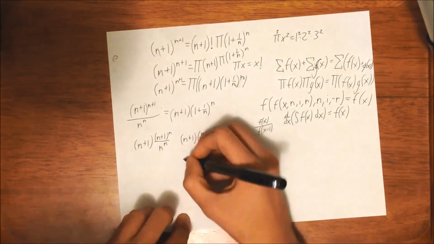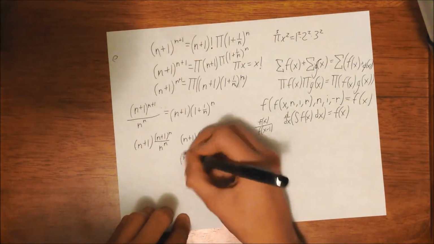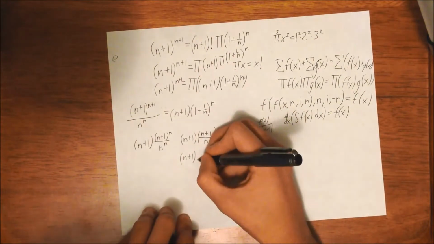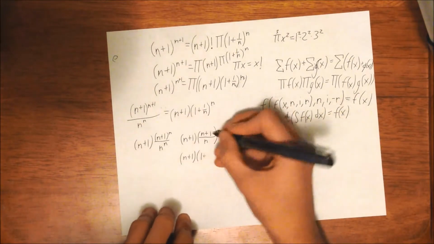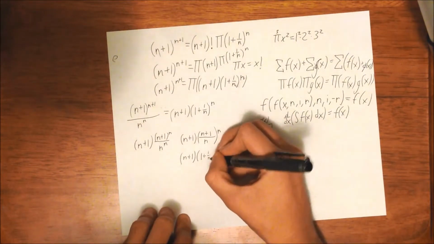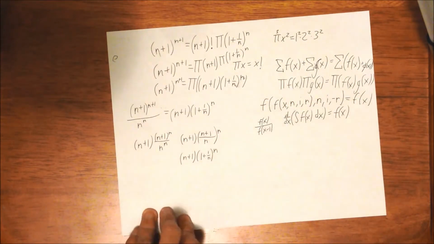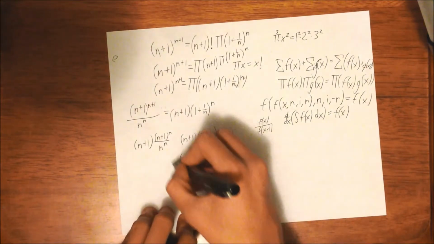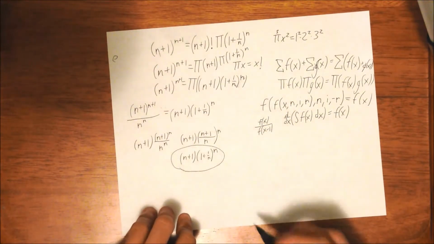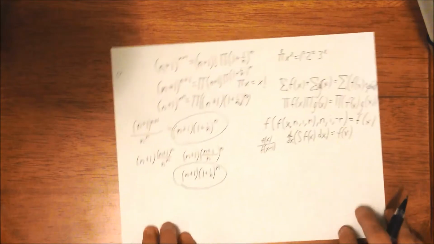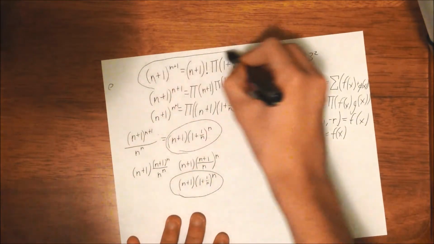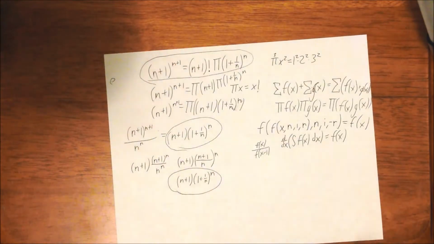And then you can take this fraction and simplify that to get (1 + 1/n)^n. And this is the same exact thing as this, which shows that this is always true.